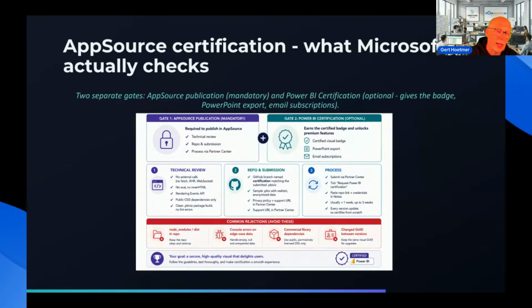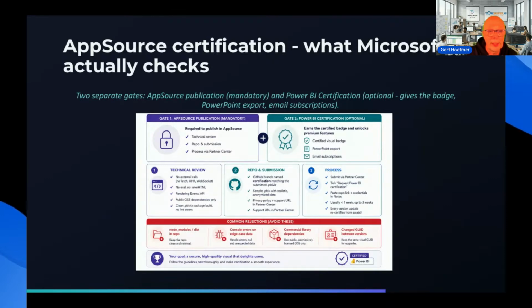In the end, you can submit the same stuff, but then at least you already know that the first gate was already taken and that it was already available. And then in the second gate, Microsoft really starts to look in depth at your code.